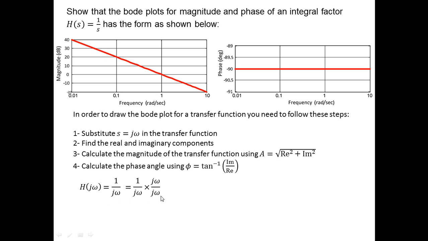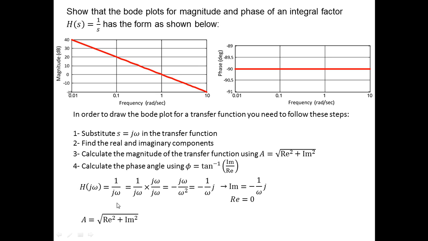So after doing this multiplication, I will get H(j omega) equal to minus j omega over omega squared. After cancelling out omega, I will have H(j omega) equal to minus 1 over omega times j. So this is the transfer function H(j omega). Based on this relation, I know that the imaginary part of this transfer function is minus 1 over omega, and the real part is 0.